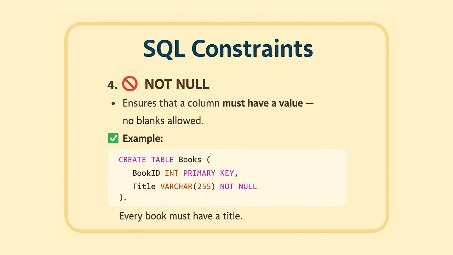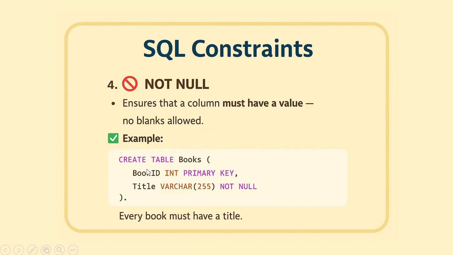Not null is also one of the constraints. Sometimes the value in one column should not be null. So we can add this constraint like this. For example, if we have this table, like books in a library.